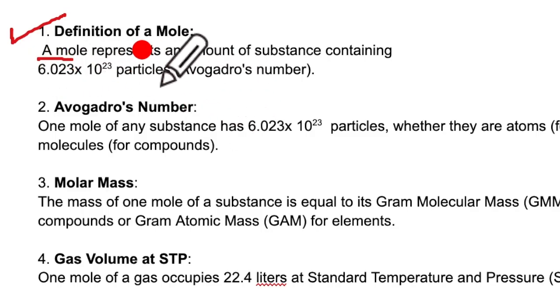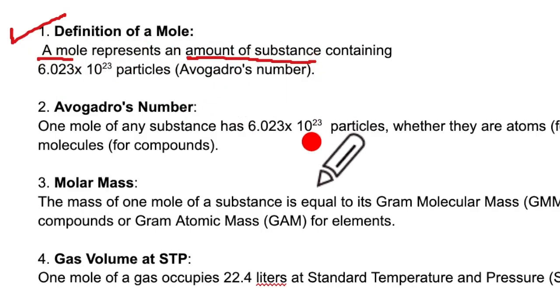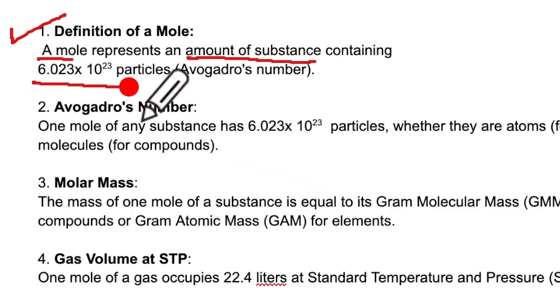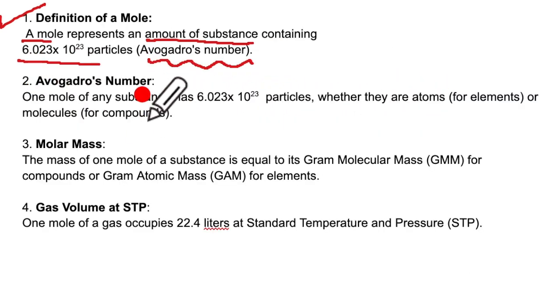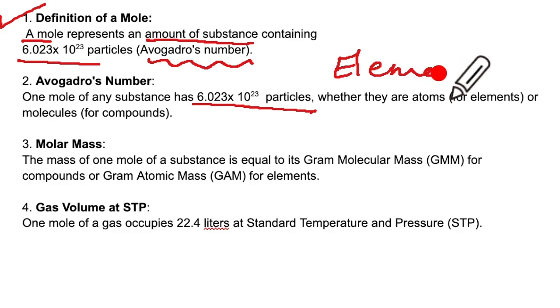What is a mole? It represents an amount of substance which contains 6.023 × 10^23 particles. This number is known as Avogadro's number. Avogadro's number says that 1 mole of any substance has how many particles? 6.023 × 10^23 particles, which means if it's an element, then it will have 6.023 × 10^23 atoms.